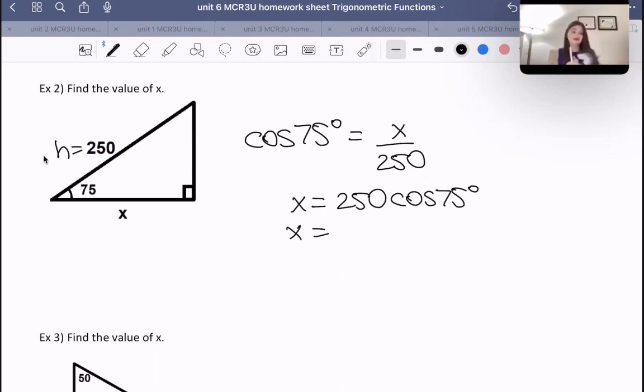And what I'm going to do now is type into my calculator 250 times cosine 75 is equal to what? And I end up with 64.7. I am rounding.